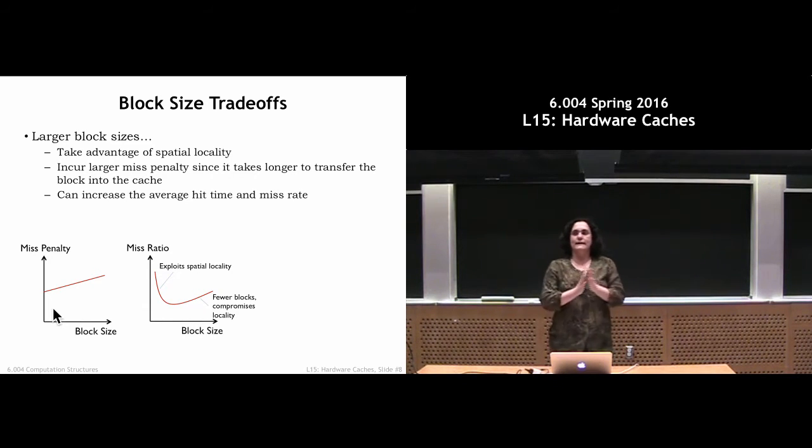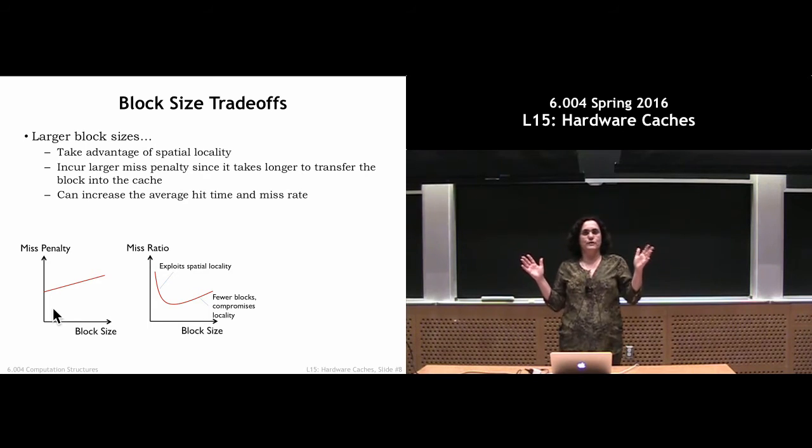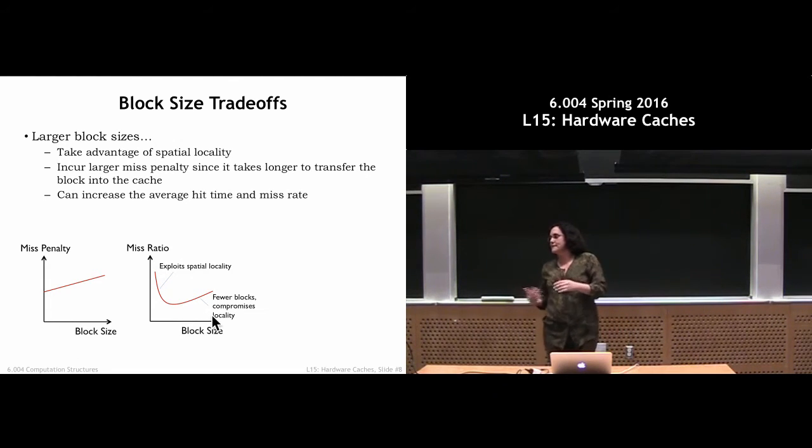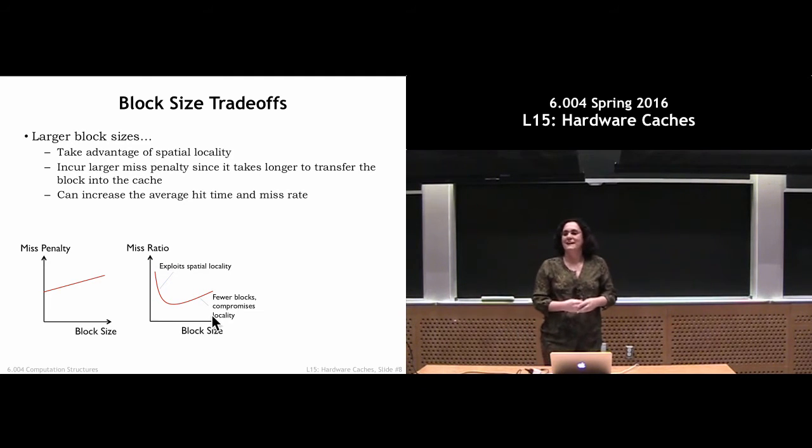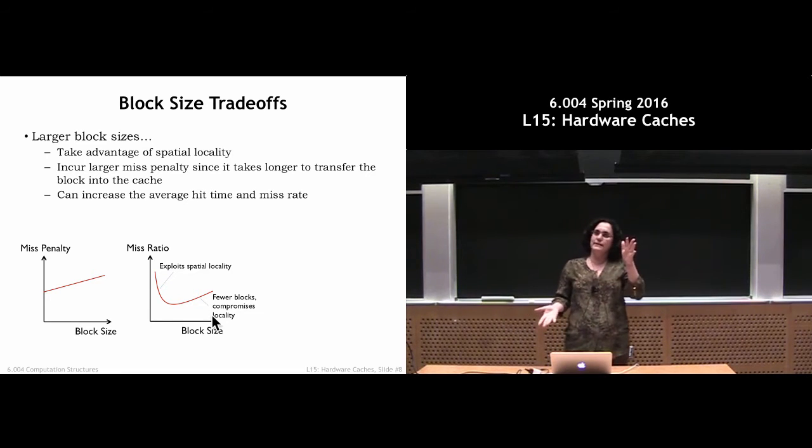What about my miss ratio? Well, if we increase our block size from 1 to, say, 4, we expect to benefit from locality, because we expect that the nearby instructions are going to be accessed, and so as a result, my miss rate is going to go down. However, if I continue increasing my block size more than I need to, then the number of lines in my cache becomes very small.